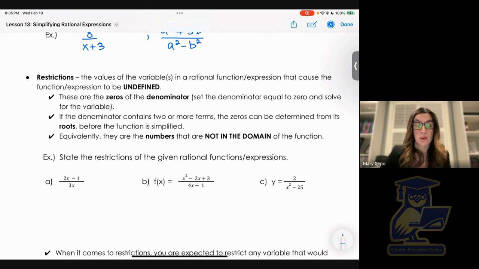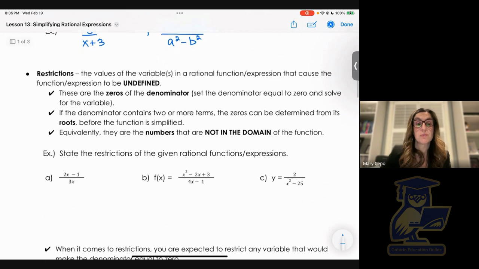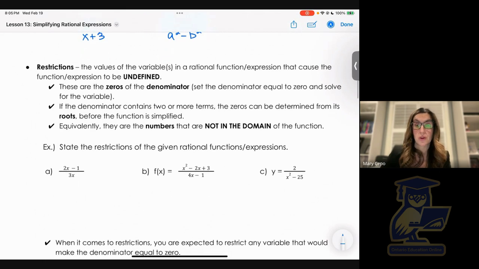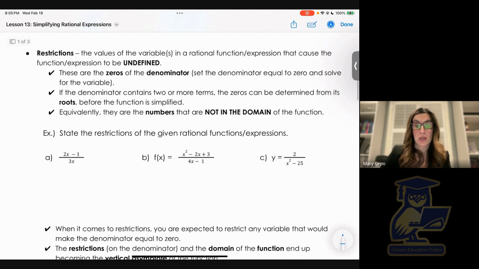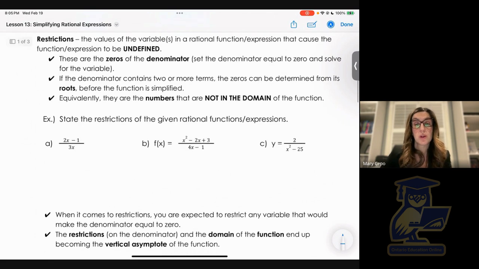If the denominator contains 2 or more terms, the zeros can be determined from its roots before the function is simplified. Equivalently, they are the numbers that are not in the domain of the function. So when we look at these restrictions, those values of our variable that result in the denominator equal to 0, those are points where our function is undefined.